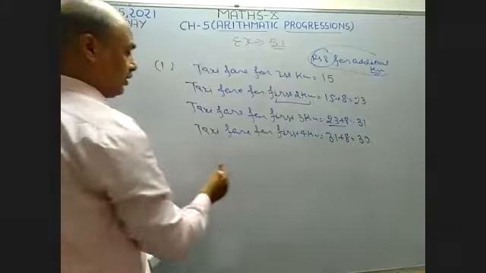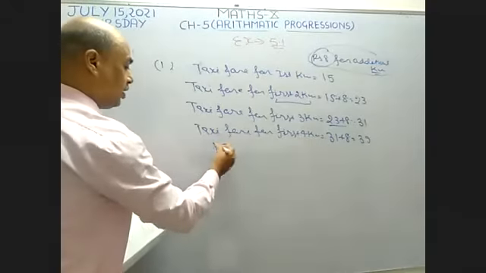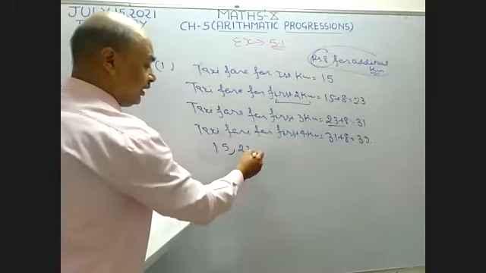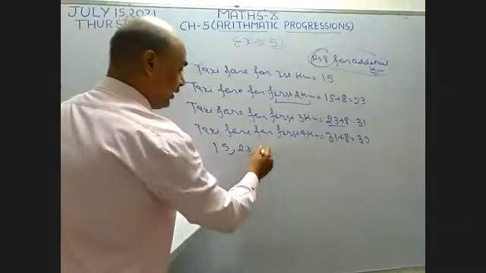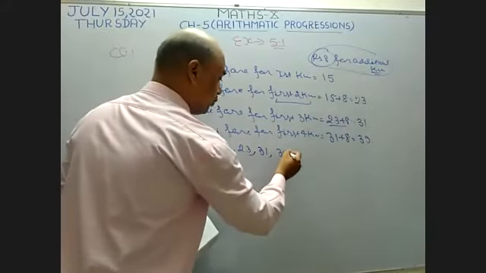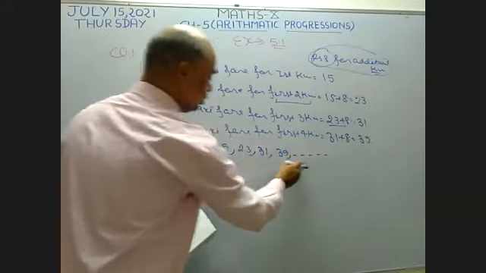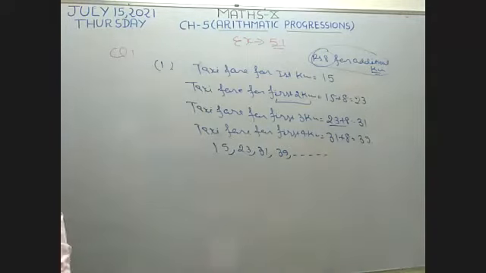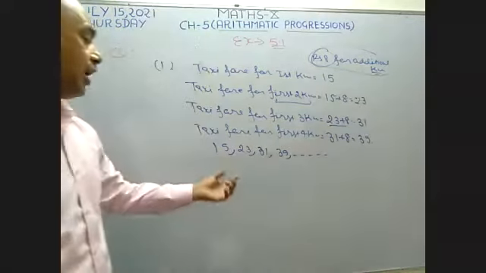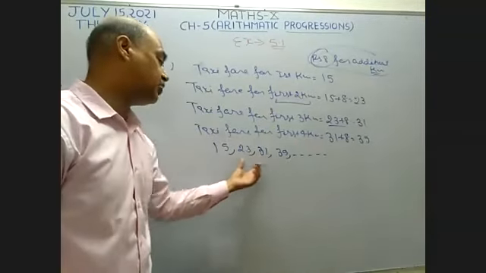Now I got my sequence. I want to write the sequence here. For the first kilometer, 15 rupees. For the second kilometer, 23 rupees. For 3 kilometers, 31 rupees. For 4 kilometers, he is going to pay 39 in the same way. So this is going to be a sequence. Now I want to check whether this sequence is an AP or not. How do we check whether this sequence is an AP or not?